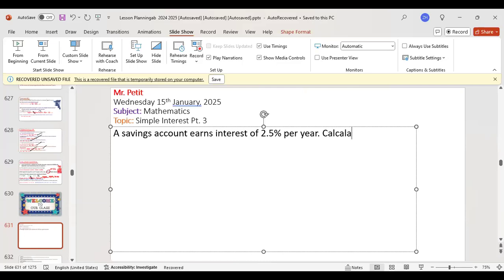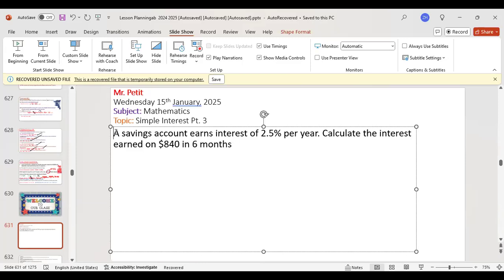Very good. Calculate the interest earned on $840 in 6 months.